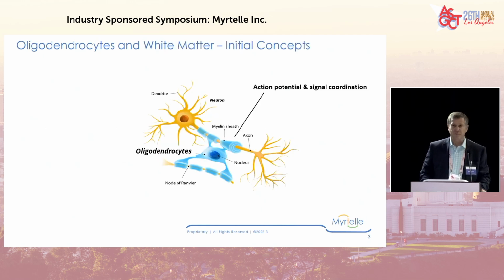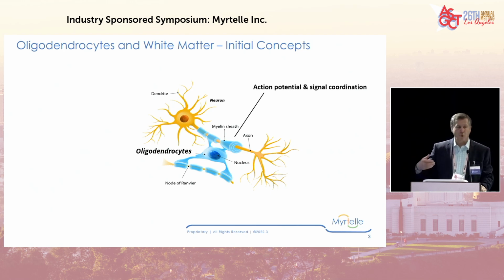So maybe just to set the stage a little bit, I think many people here are probably generally familiar with these really fascinating cells, oligodendrocytes. And we're familiar with them from the standpoint of what they have historically been understood to do, which is make myelin. And myelin is the key insulating material in the brain that helps neurons function.